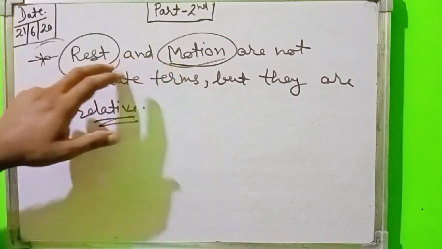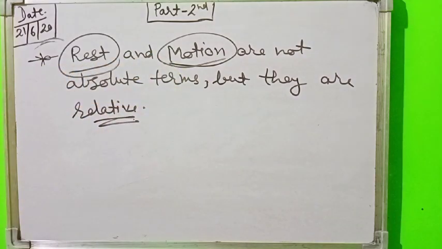So rest and motion are not absolute terms, but they are relative terms, they are comparable terms. One observer can be at rest, but the same object can be in motion when observed by the other observer.